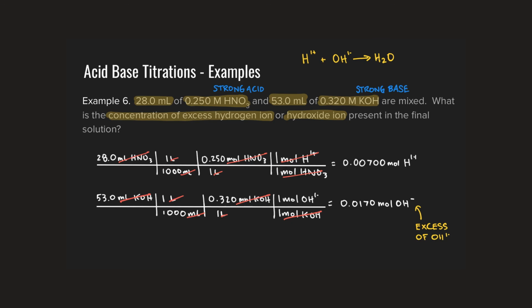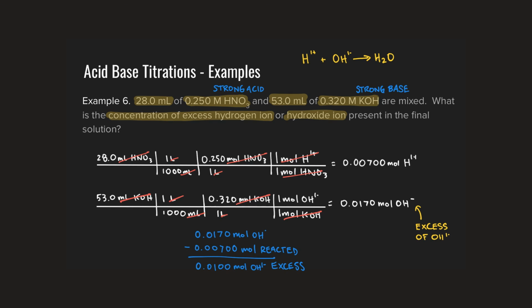I'm simply going to subtract, recognizing that this reaction goes to completion, to figure out how much is in excess. So if I've got 0.0170 moles of my hydroxide ion base, and I use up 0.00700 moles of that as it reacts to the acid, that's going to leave me with 0.00996, which rounds to sig figs as 0.0100 moles of hydroxide ion present in excess here.